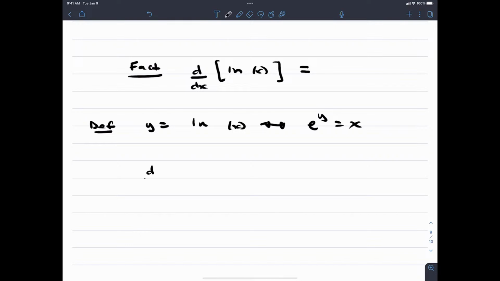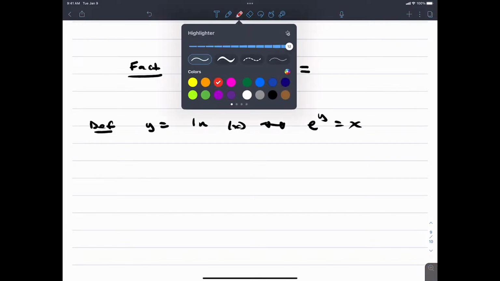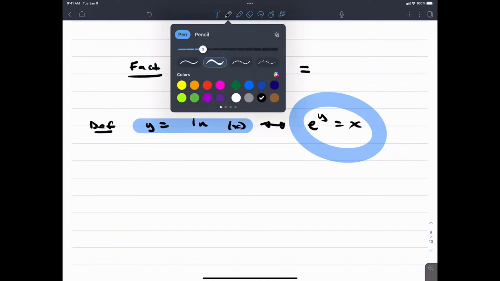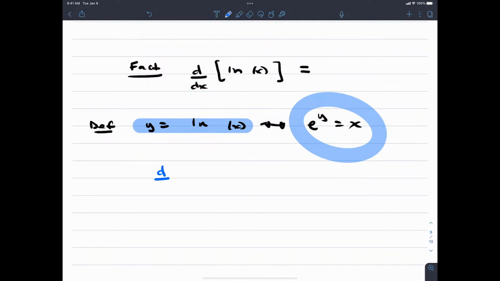What we're going to now do with this definition is differentiate, because if you ever see a function like this, y is natural log of x, that's what they want you to use, that portion here. So let's differentiate e to the y now, which is e to the x.